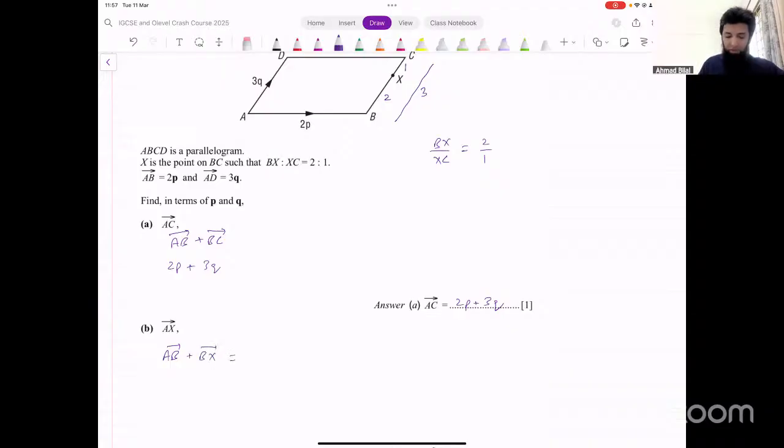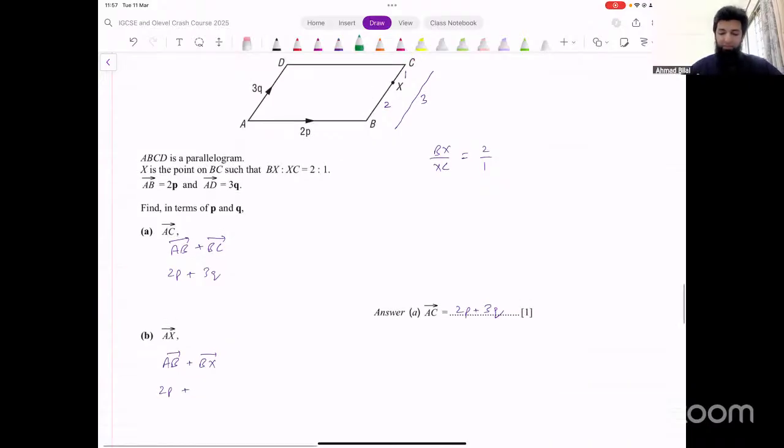Now, do we know AB? Yes, we know AB. AB is 2P. But the problem is we do not know what BX is. How do you figure that out? Now, AD vector was 3Q. That means this complete vector was also 3Q. So we can write 3Q here.